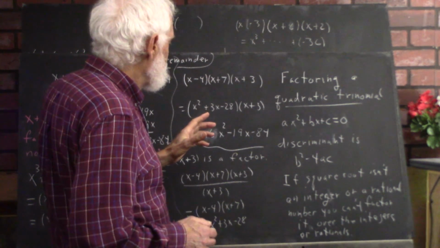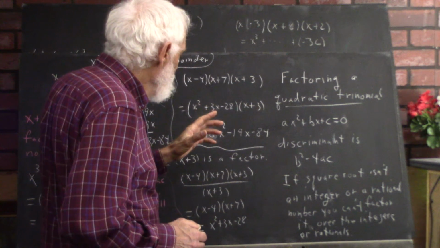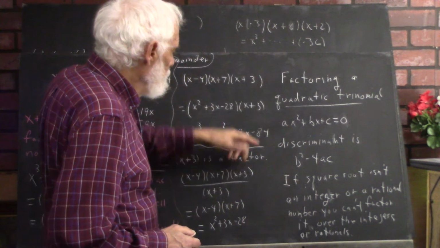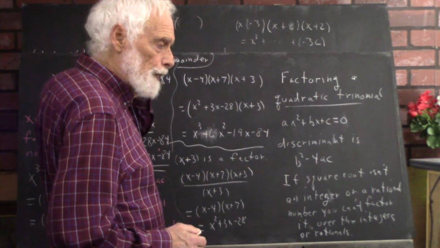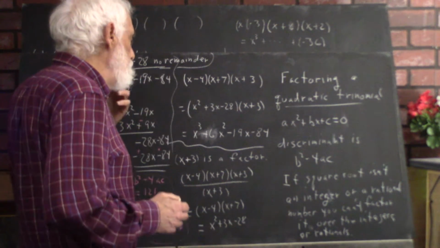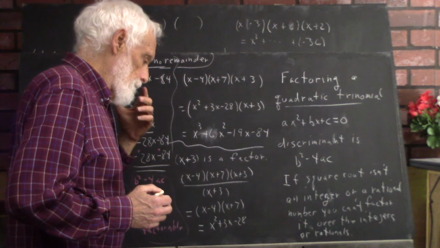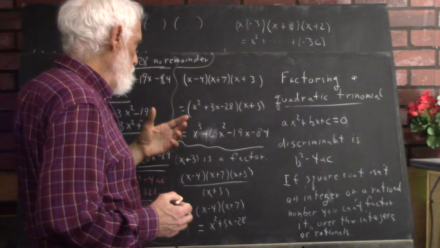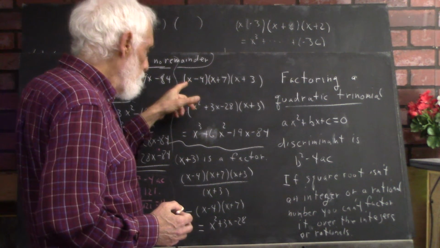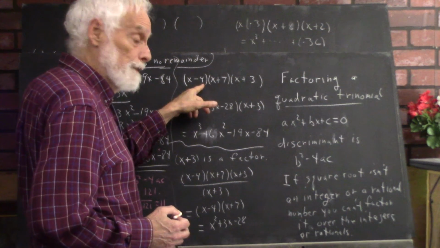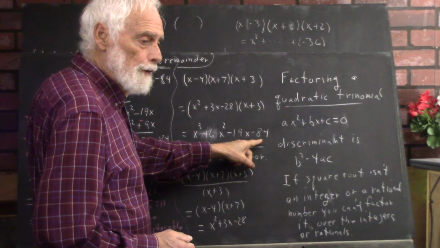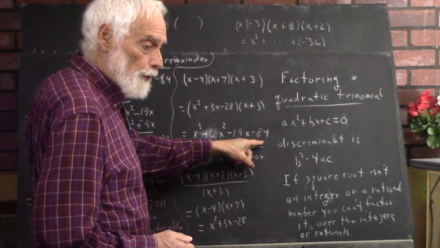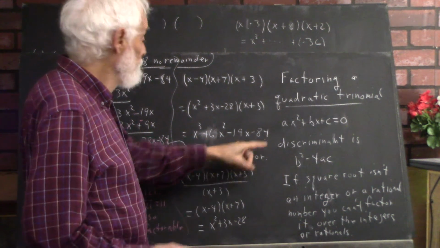This means, even if you don't know this, you know that if you have integer factors, you have at least one factor with an integer. That integer has to be a factor of 84. 84 has to be a multiple of that integer.